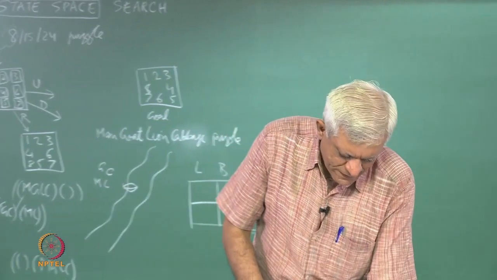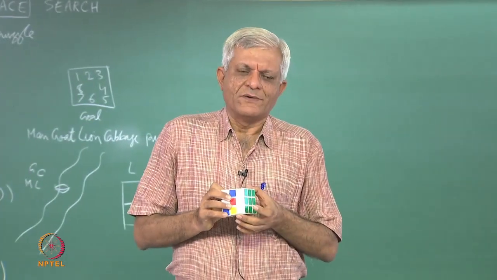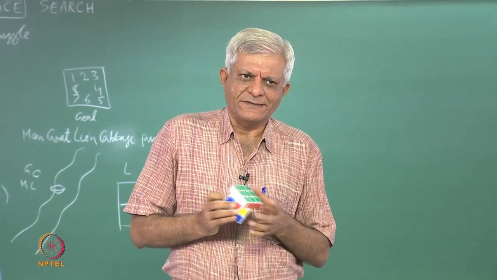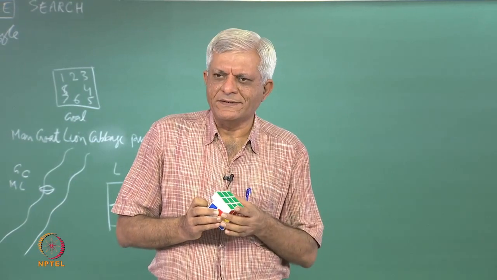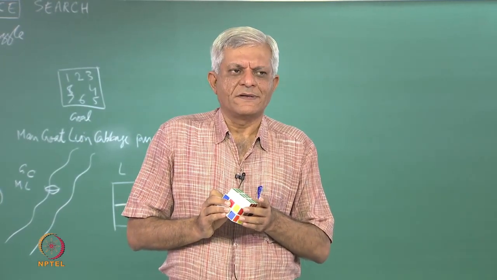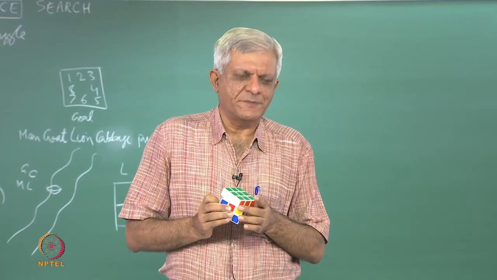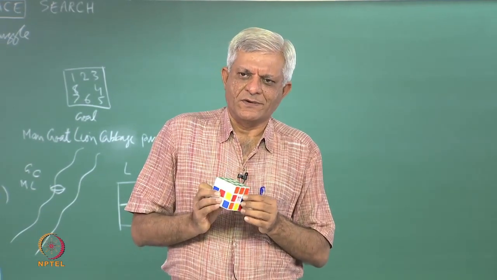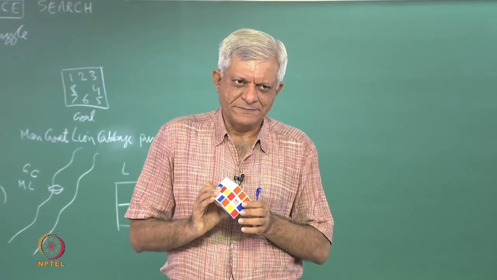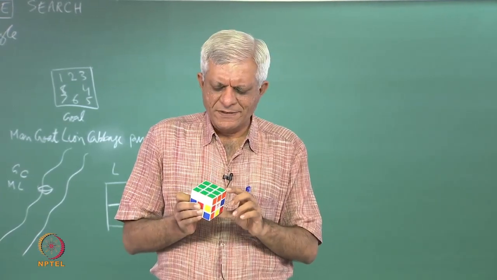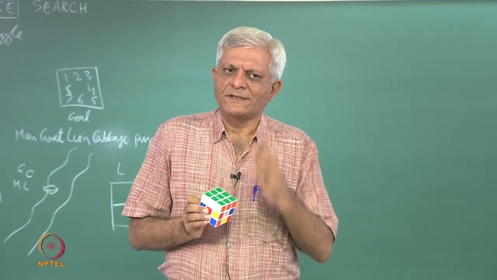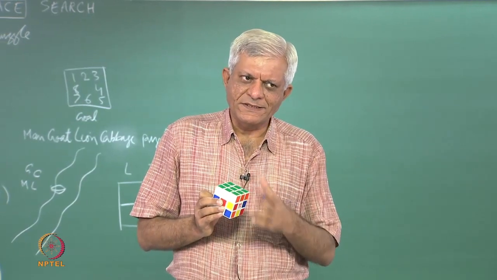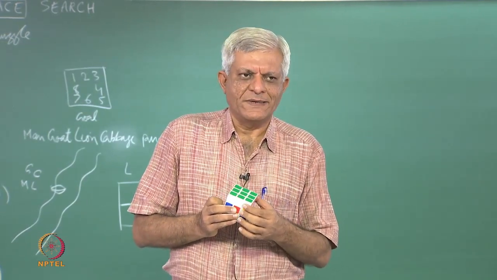Incidentally, while we are at the Rubik's cube, only very recently, and by recently I mean in the last 5 to 10 years, have search algorithms been able to search for optimal solutions of a problem like this essentially. And by optimal solution, I mean the shortest, smallest number of moves that you need to make essentially.